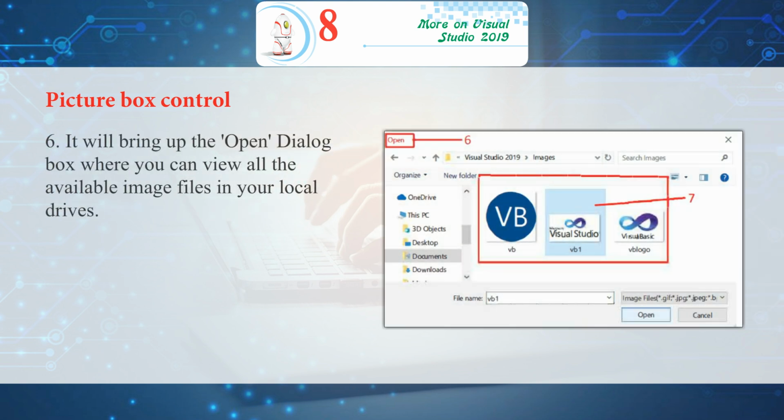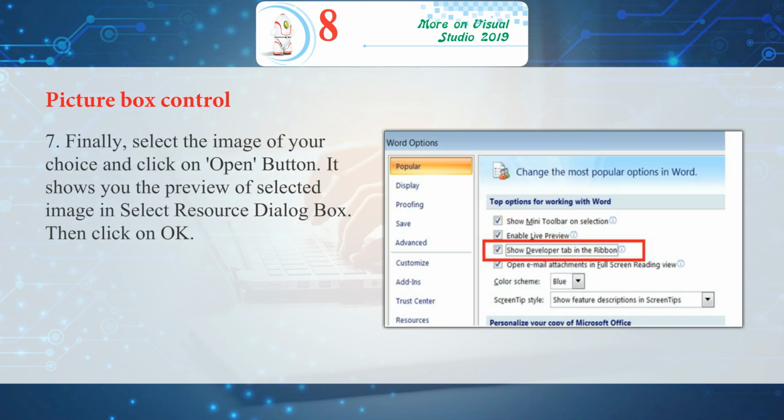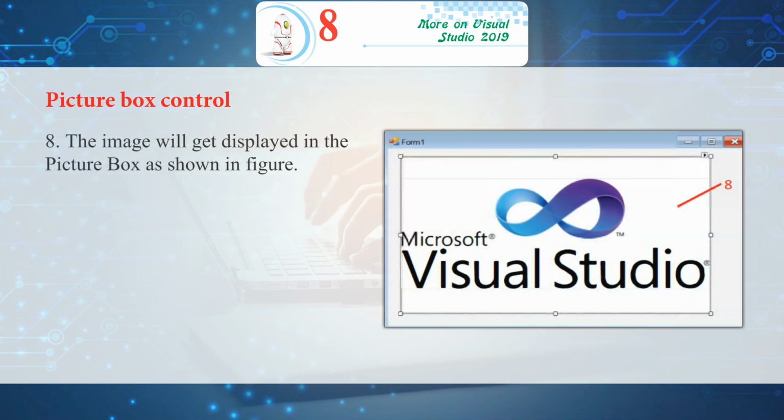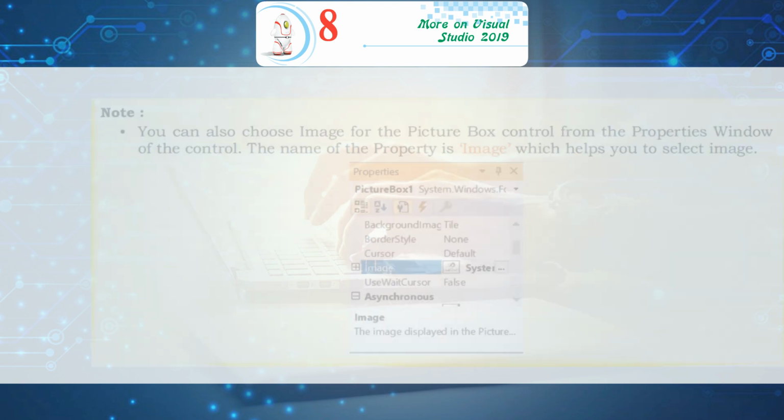It will bring up the Open dialog box where you can view all the available image files in your local drives. 7. Finally, select the image of your choice and click on Open button. It shows you the preview of the selected image in the Select Resource dialog box. Then click on OK. 8. The image will get displayed in the picture box as shown in the figure.